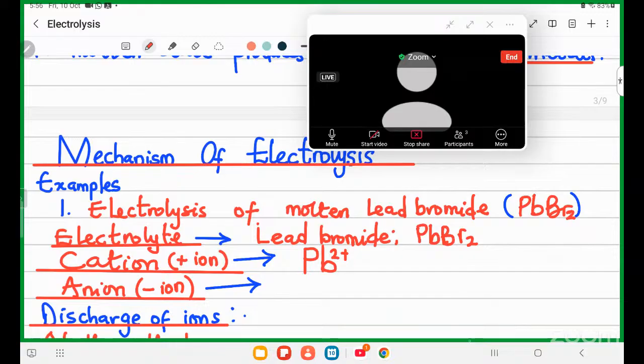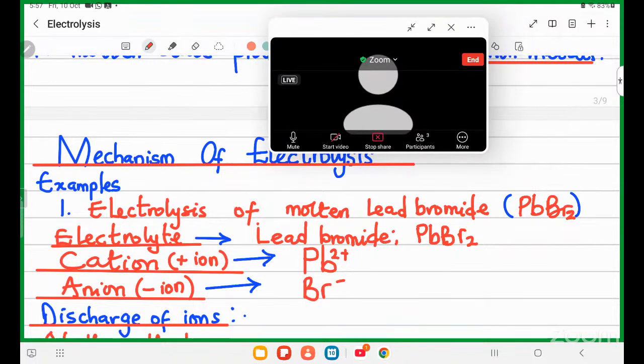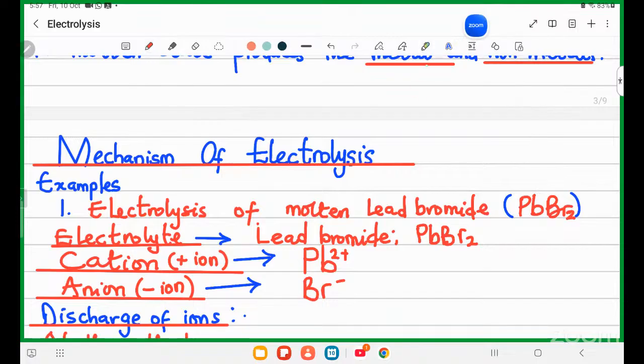Bromine. Good. So bromine is Br minus. So we have seen what the cation is, from this same compound, which is the electrolyte. It is the one that is molten. And from it again we see bromine.